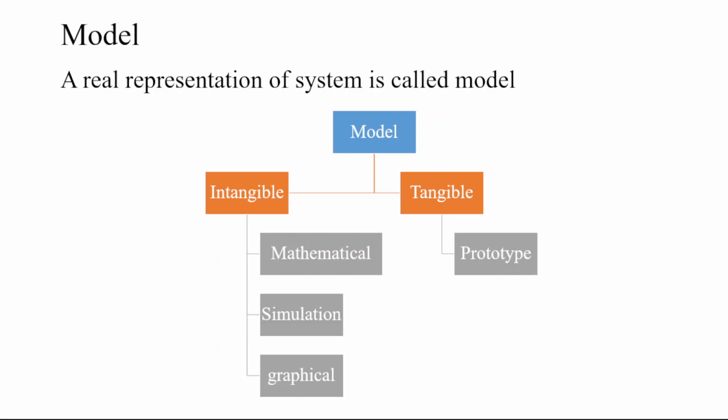On the other hand, simulation is imitation of a real system. We translate the real system into the computer and then you can play with the system on the computer rather than playing with the real system. And for graphical models, we use visuals and graphs to explain a specific process. In this course, we will discuss intangible models and especially focus on mathematical modeling.